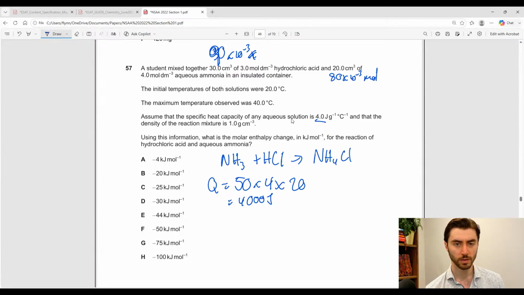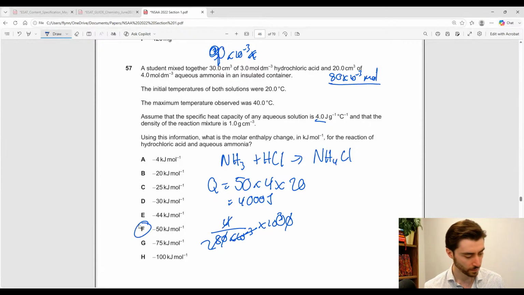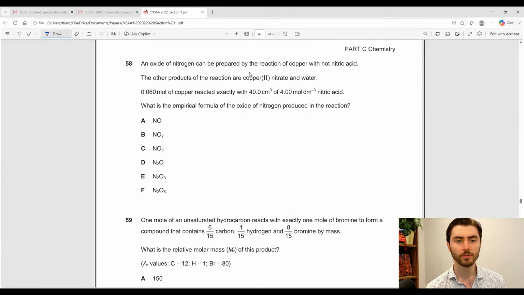And we know that this thing is the limiting, so that's the number of moles that react. So 4 kilojoules all over 80 times 10 to the minus 3 is that times 10 to the 3, so it's a times 1,000. Cancels, 0.5. So half of 100 is 50, so the answer is F. Okay. 58.